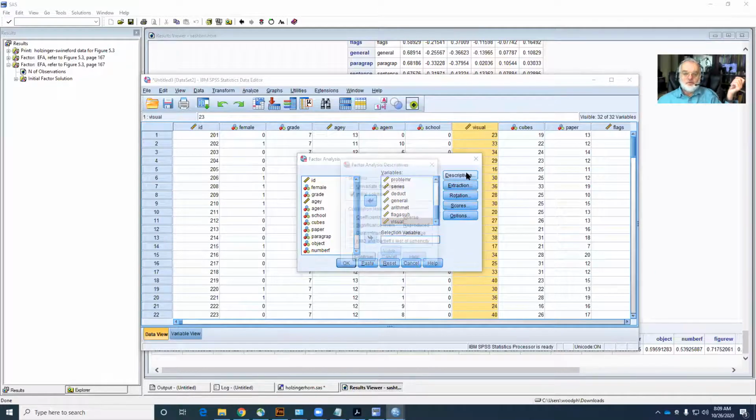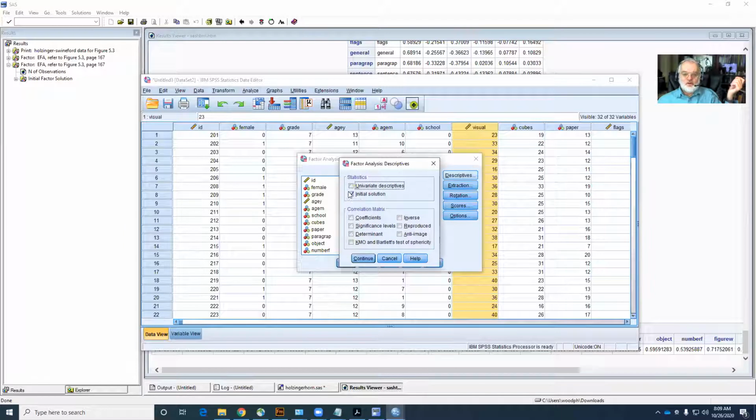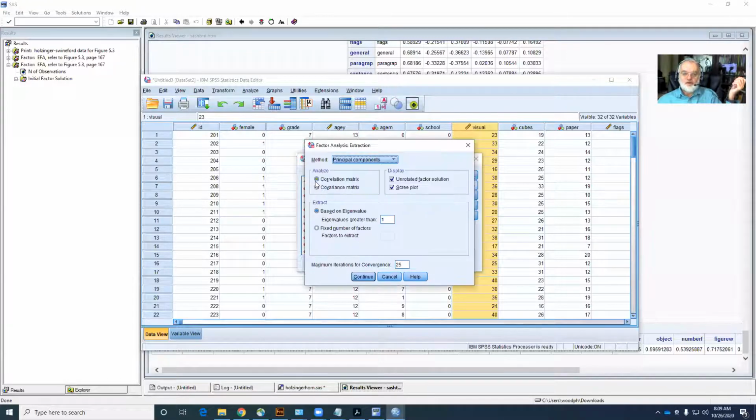I can ask for some descriptive statistics of the solution, that's fine. And I can factor the correlation matrix or the covariance matrix. I can look at the unrotated solution. And this is one we'll have a lot to talk about.